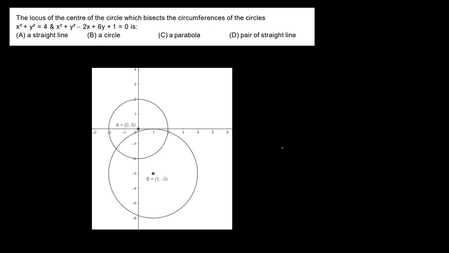Anyways, so we have these two circles and we have to find the center of the circles which bisect the circumference of these two circles. So let's revise what we learned here. How are we going to do it? We will of course figure out the important points here, like these 2 points where the circles intersect, and we will join C1, C2. Okay, and then we will find out the first circle which I discussed in the starting of the video.